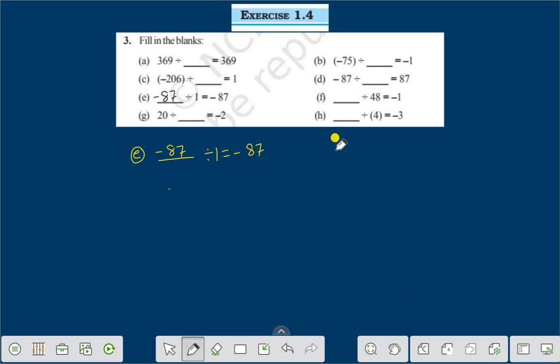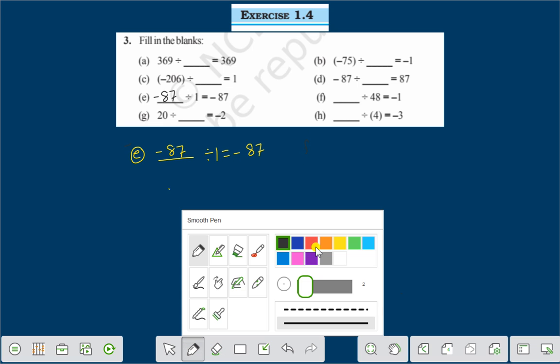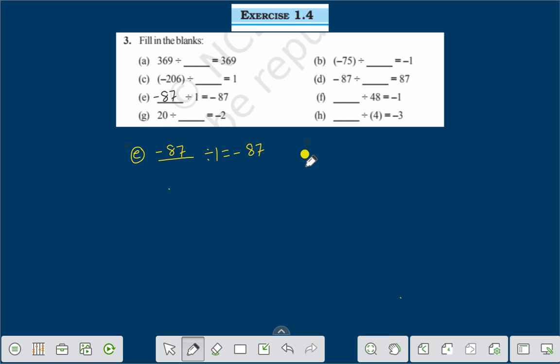Now question number F. Question number F is dash divided by 48 is equal to minus 1.